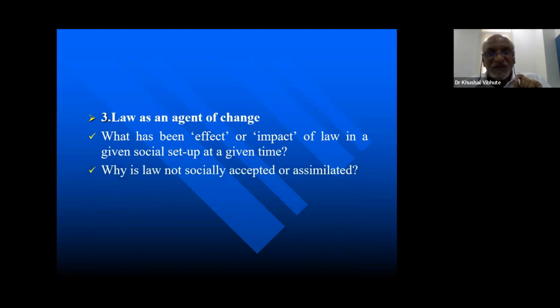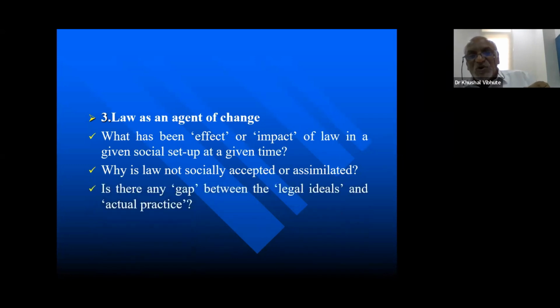Now, the second legal fact could be: has society accepted it? Has it become a part of social behavior? If yes or no, for what reasons? Why is this legal fact not being assimilated, accepted, or only partly accepted by society? Then probably he may try to find out what is the gap between the legal ideals and the actual practice.